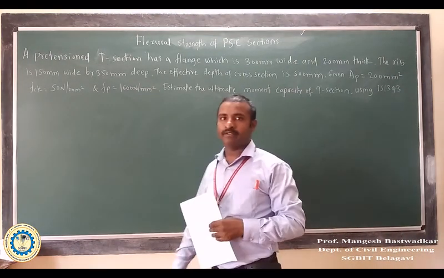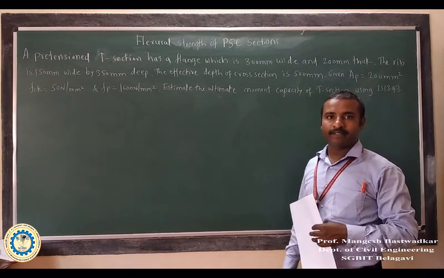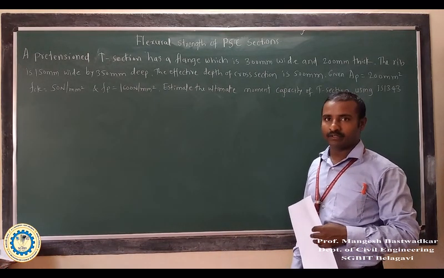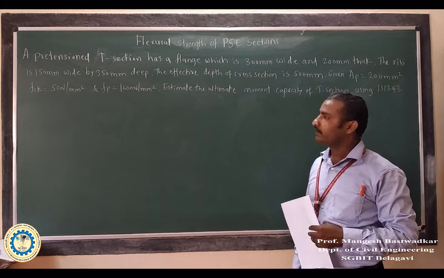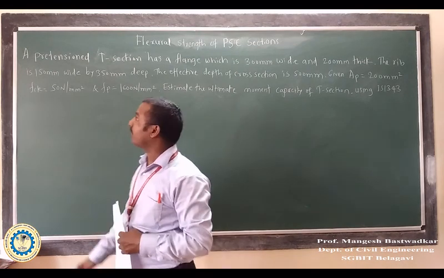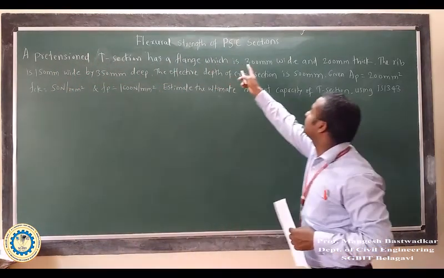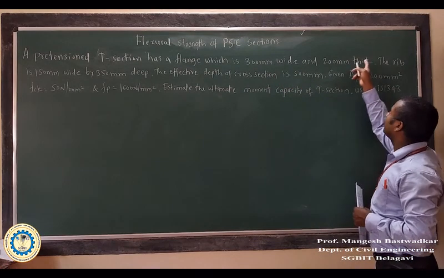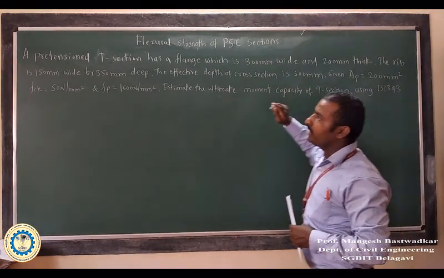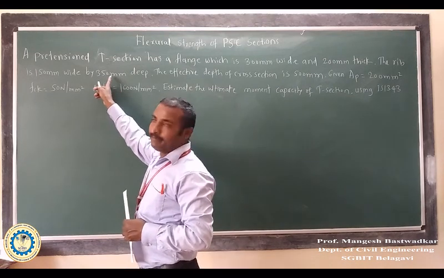Now we will solve a second type of problem: neutral axis lies within the flange of a T section. Okay, so I'll read this problem. A pre-tension T section has a flange which is 300 mm wide and 200 mm thick. The rib is 150 mm wide and 350 mm deep.